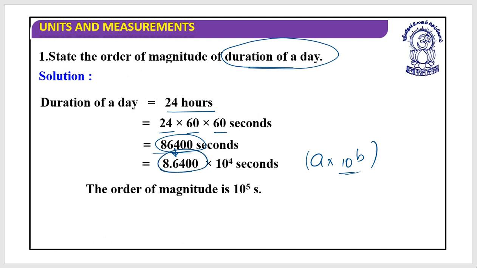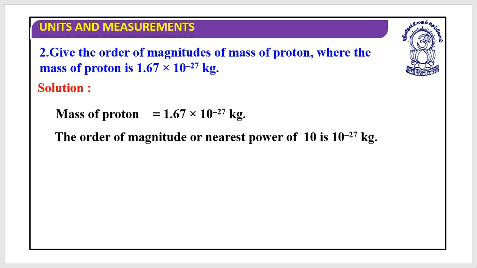Since a is greater than 5, my order of magnitude should be 10 to the power b plus 1. So it is 10 to the power 4 plus 1, which is 10 to the power 5. Very easy. Look at the next question.